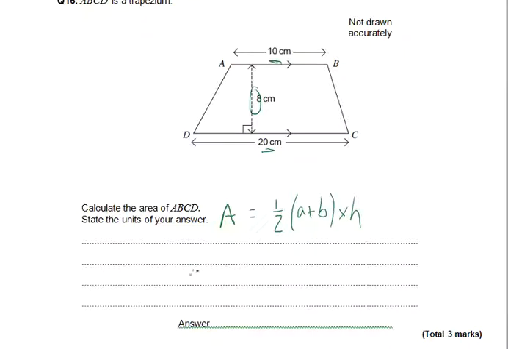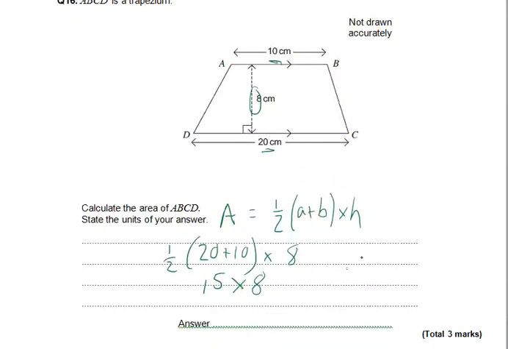So for this one, we need to add 20 plus 10. Then we're going to have to half that, and we're going to have to times it by 8. Now it doesn't actually matter the order that you do multiplication, so 20 plus 10 is 30. Half of 30 is 15, so we then need to do 15 times 8.